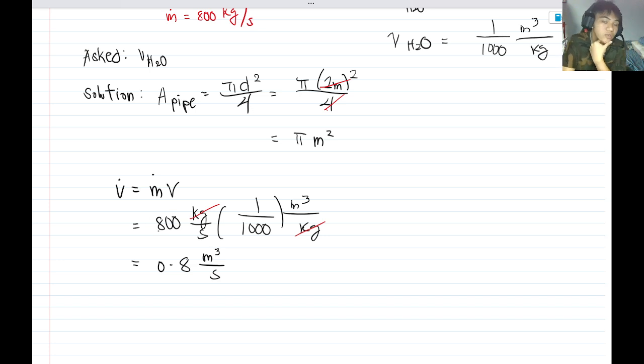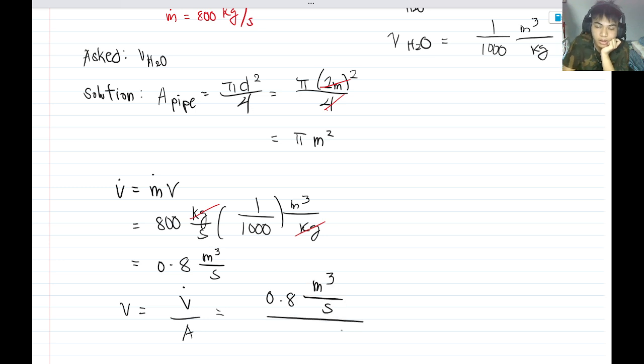Now, na meron tayong volume flow rate, we can calculate for the velocity. Since ang analysis natin is in units. So the velocity would be equal to the volume flow rate over the area. This is ang analysis natin dito. Like I said, this is cubic meter per second.